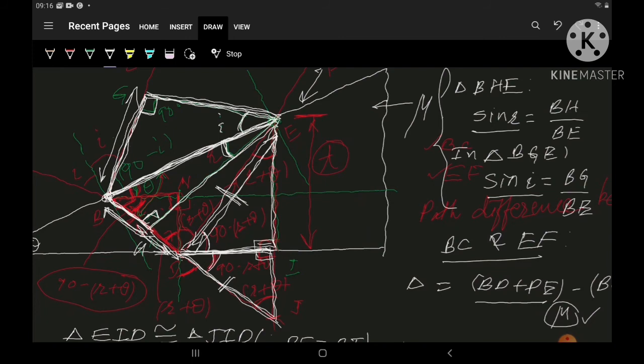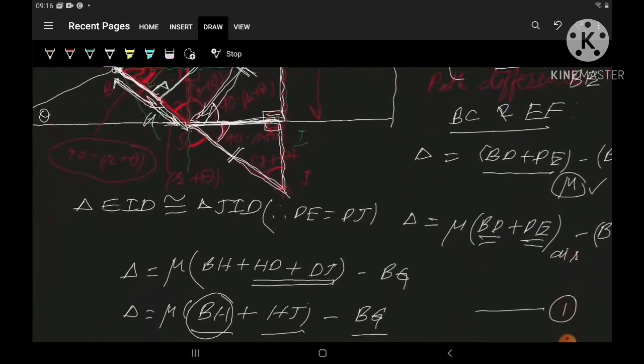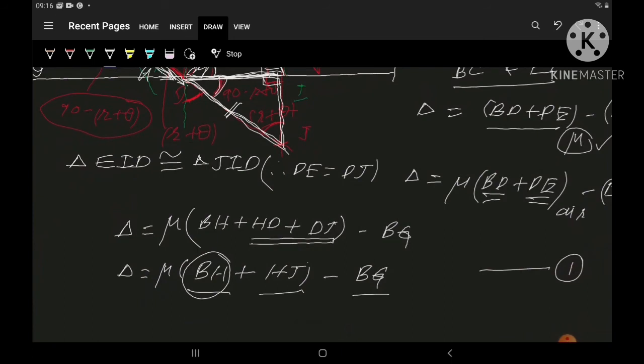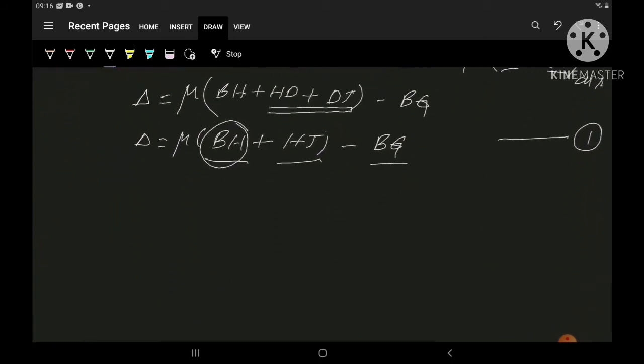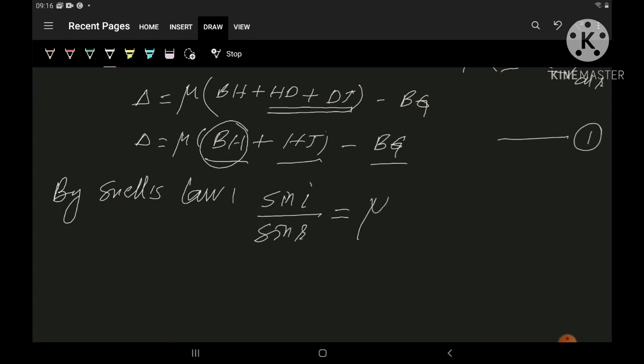Now let us apply Snell's law. By Snell's law we know that sin I upon sin R is equal to the refractive index mu.